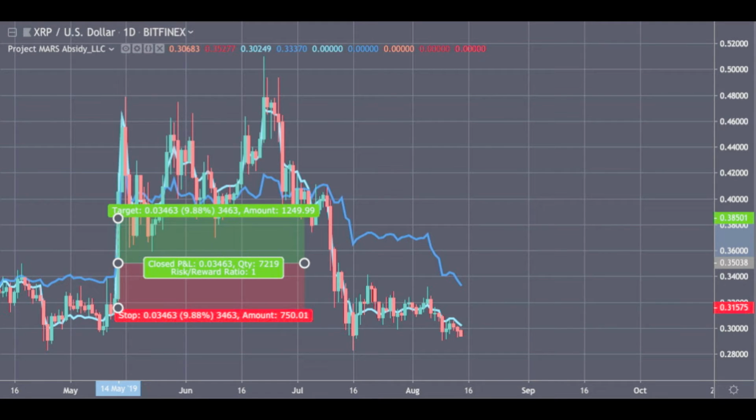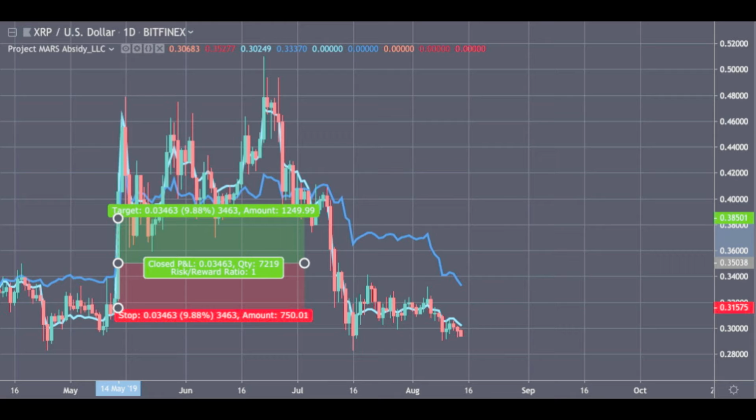If we waited for that crossover and entered the moment that we had that crossover, we would have put our take profit, which again is at the top of the green square, and our stop loss, which is again at the bottom of the red square. You can see that we would have very easily hit our take profit, already netting another 10% profit. Then, just after that, we would have actually had our first losing trade that would have lost us 10%.